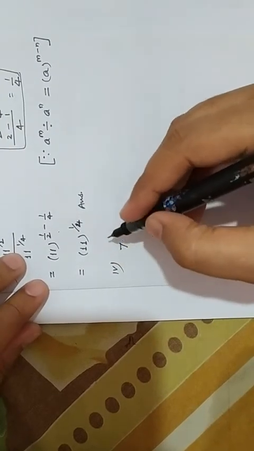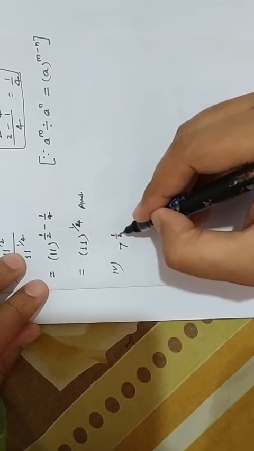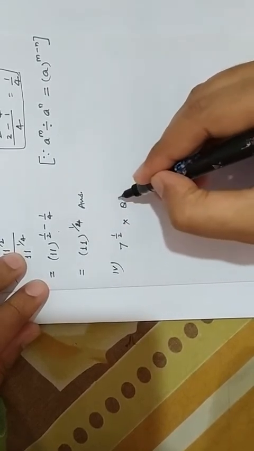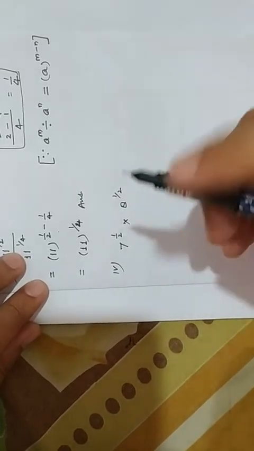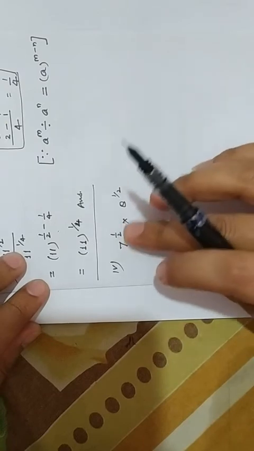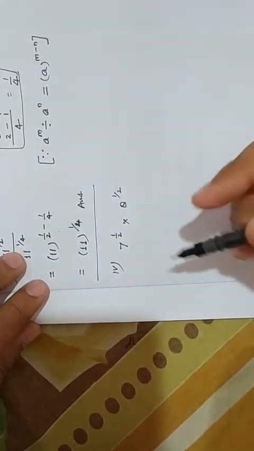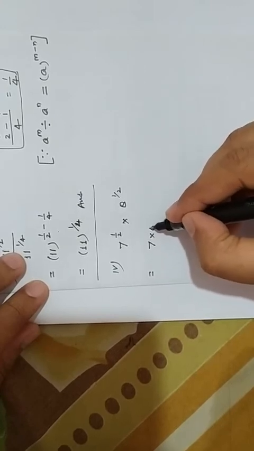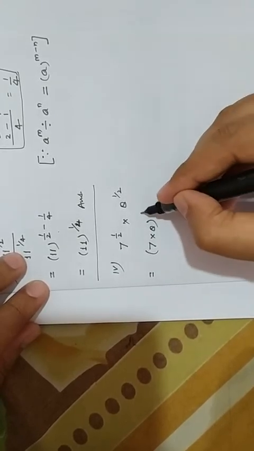7 to the power 1 by 2 into 8 to the power 1 by 2. In this one, bases are different but the powers are the same. So simply we'll multiply the bases and take the power common.